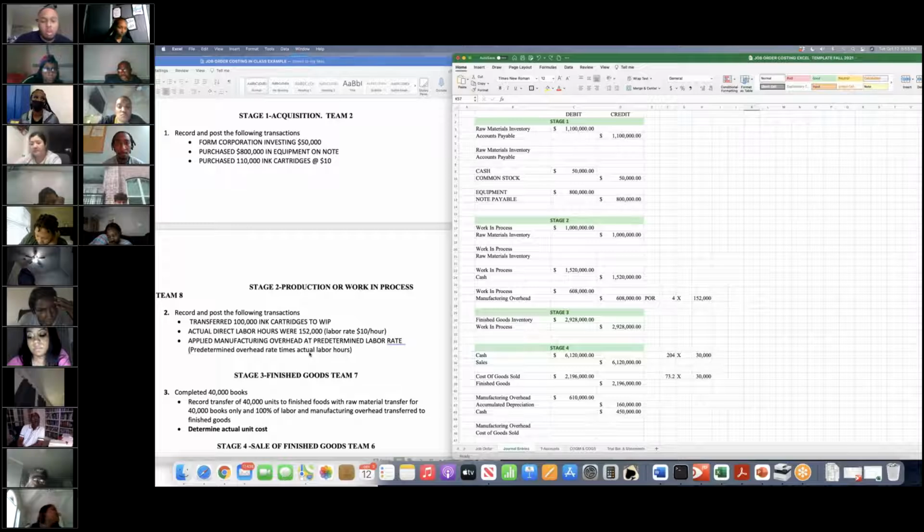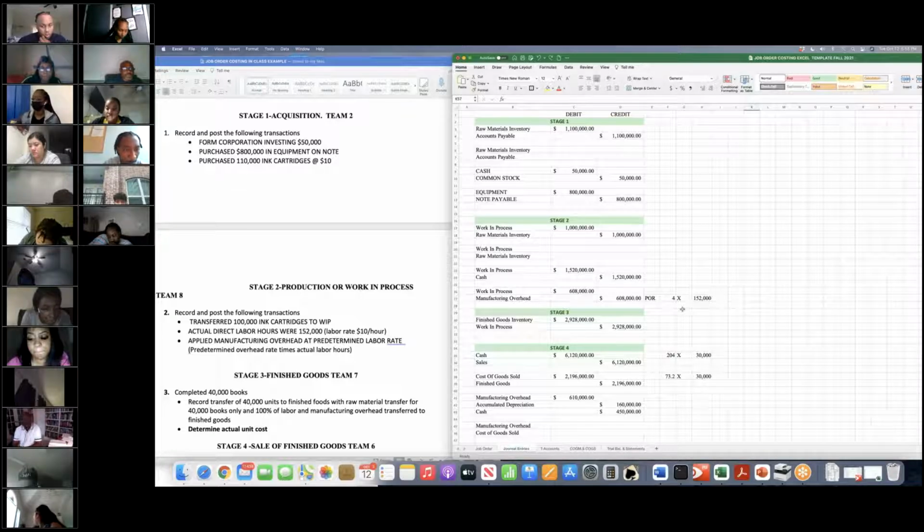And then with that predetermined overhead rate of 4, that's when we use it. We multiplied it times those same labor hours, 152, to get to 608. So if you make a mistake on the POR, then this is incorrect, and a lot of things following that are going to be incorrect, because your costs are going to be off.